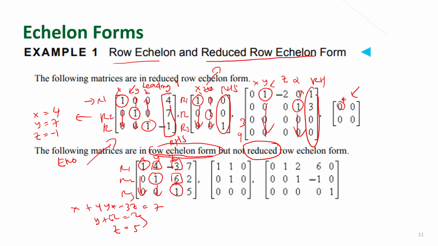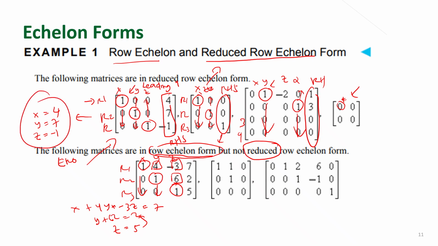So you just need to substitute back, and you get the values of x, y, z. So there is an extra step needed to get the solution from row echelon form, not directly like this.